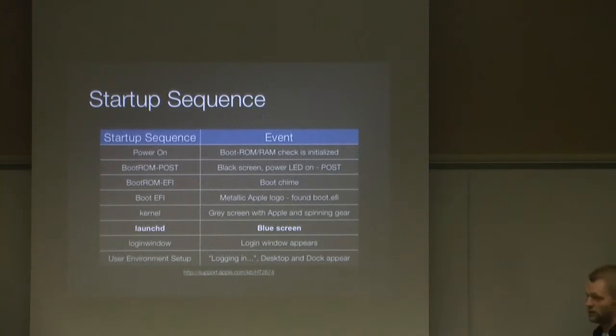That'll be the kernel loading, and after the kernel loads, you're handing your system over to Launchd. So Launchd is running as process 1. Once you see that blue screen, Launchd is running, and then you see the login window. The login window is a special Launchd environment, which we'll talk about a little later. And then after a user logs in and you see the desktop, the user's dock, you're in the launch agent environment of Launchd, and you actually have spawned your own Launchd process.